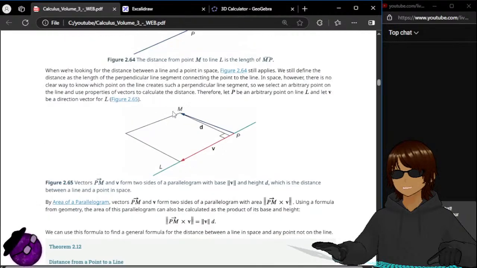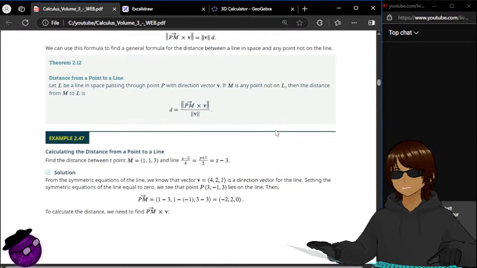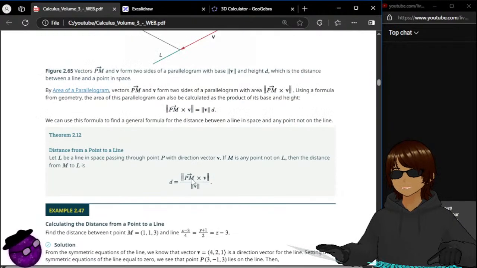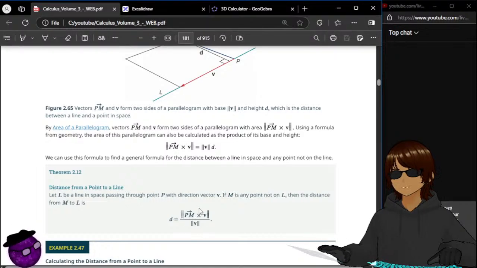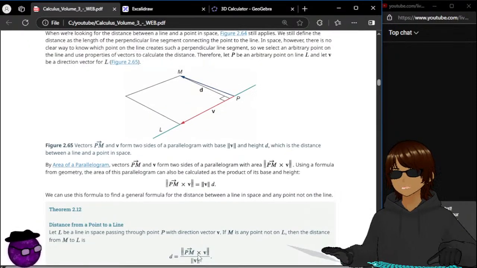The distance between a point and a line would be the magnitude of the cross product divided by the magnitude of v.